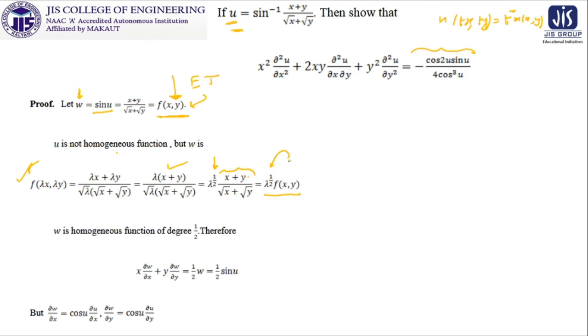So as w is a homogeneous function of degree half, from Euler's theorem we can write x del w del x plus y del w del y is equal to half w. This is our Euler's theorem.